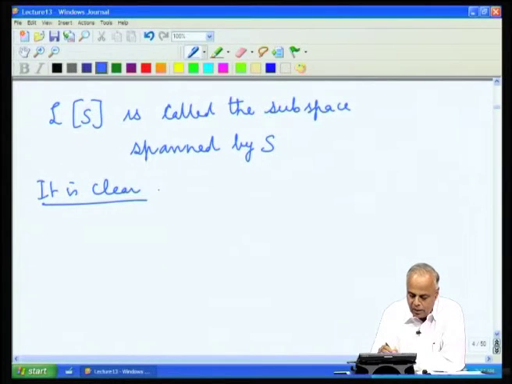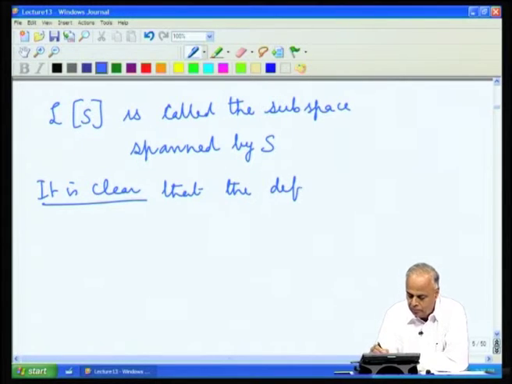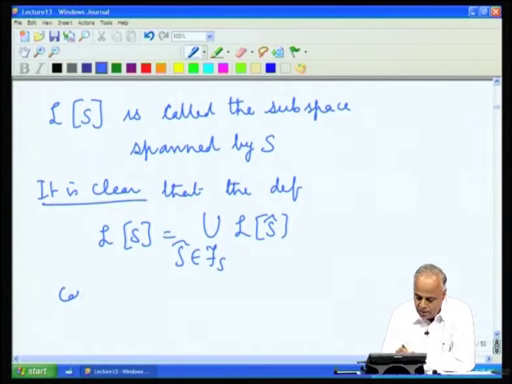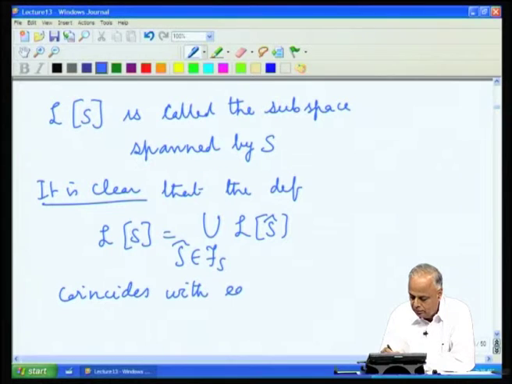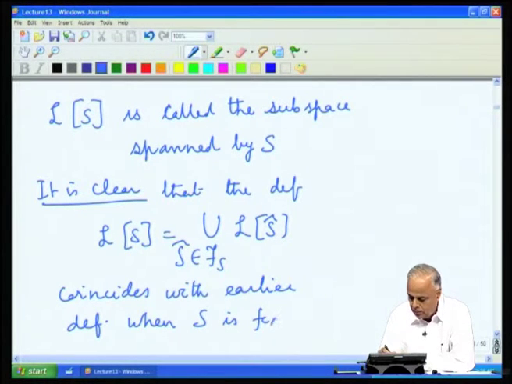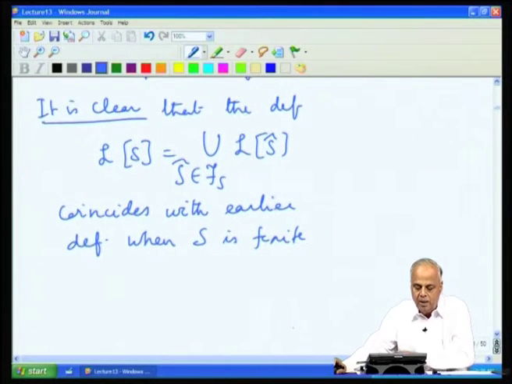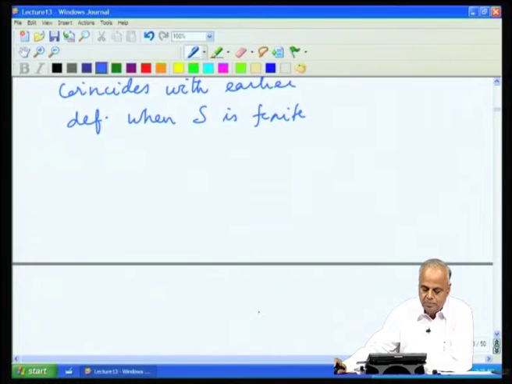So, it is clear therefore that the definition L(S) equal to the union over S-hat belonging to F(S) of L(S-hat) coincides with the earlier definition when S is finite. Now we can handle even the so-called subspace spanned by an infinite set.